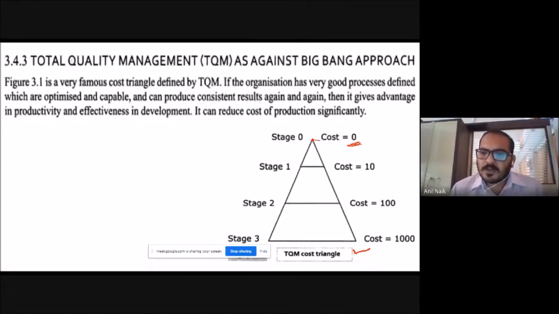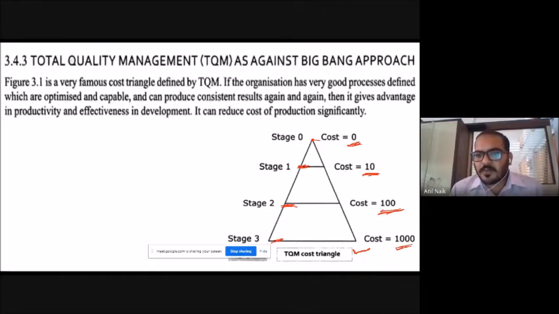In stage 1, if defects arise and we fix those errors, the cost increases 10 times. In stage 2, to fix the errors, the cost will be 100 times. And in stage 3, to fix those defects, the cost may increase to 1000 times.